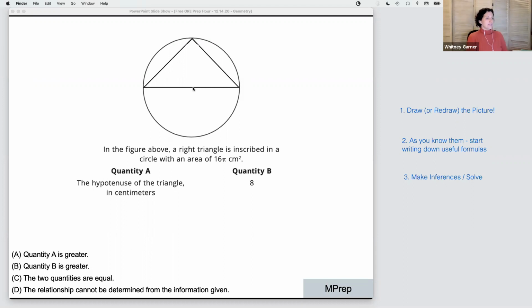The hypotenuse would either be 8 or smaller. It could equal 8 or it could be smaller than 8. It could never be bigger than 8.